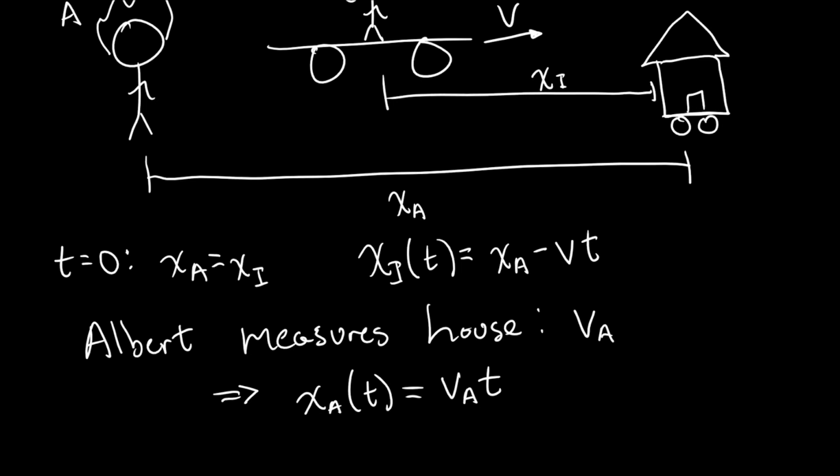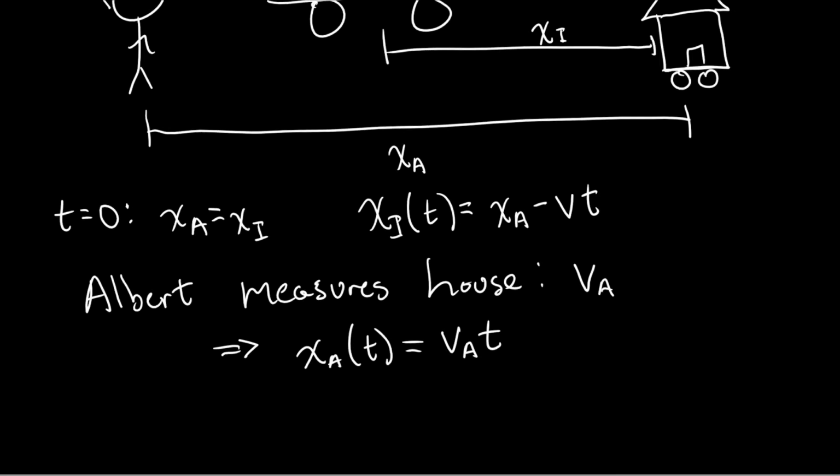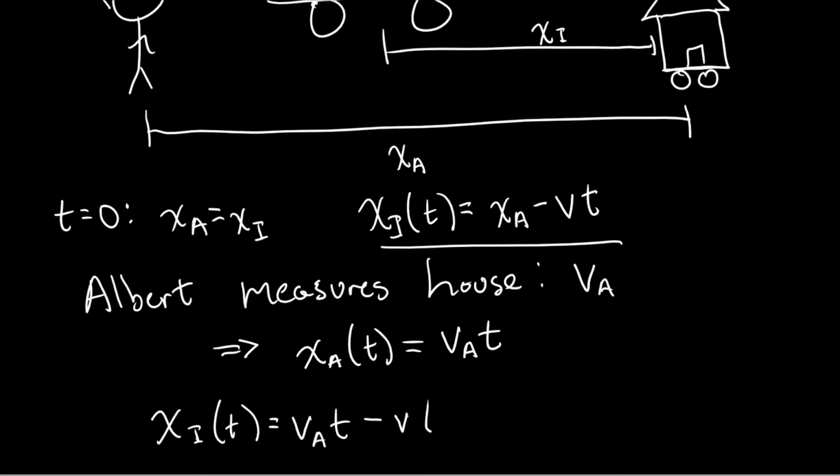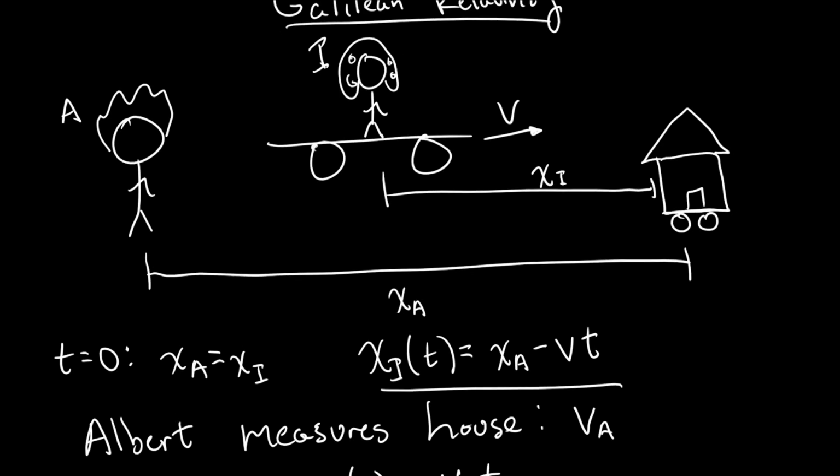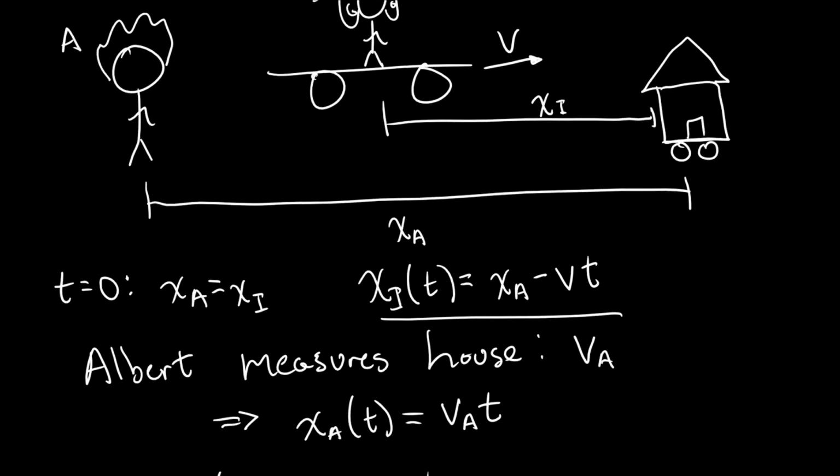So now, let's go into Isaac's frame. Well, we already know the rule for getting between the two frames, at least for the different positions that they measure in the frames. And so we just plug in the distance that Albert measures, minus this vt, where v, again, is the relative velocity between the two. Albert measures Isaac moving at velocity v towards the house.